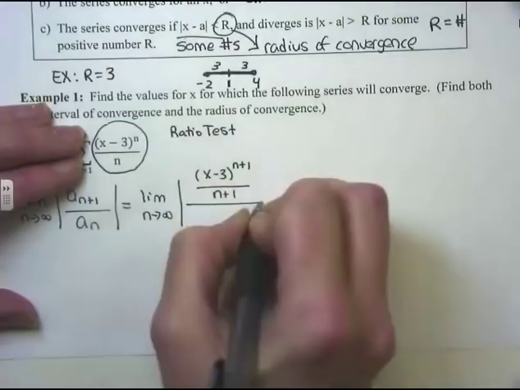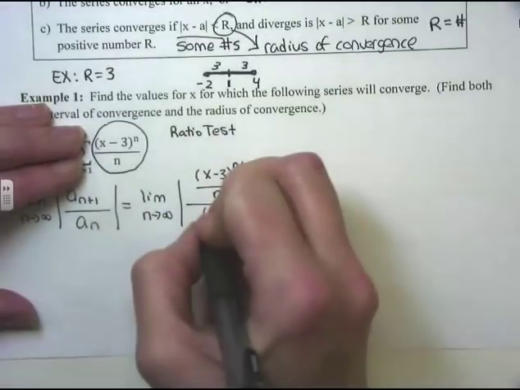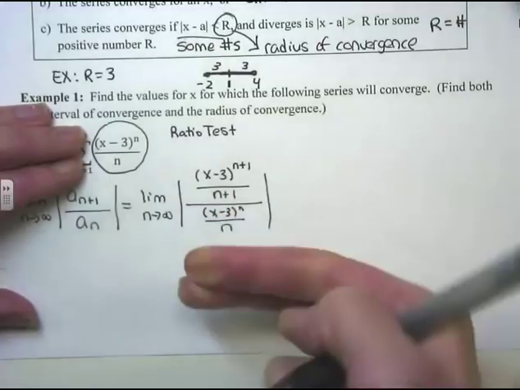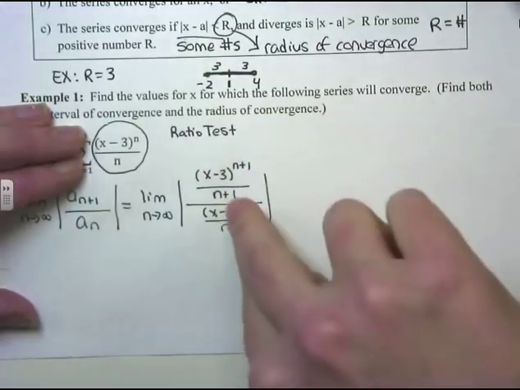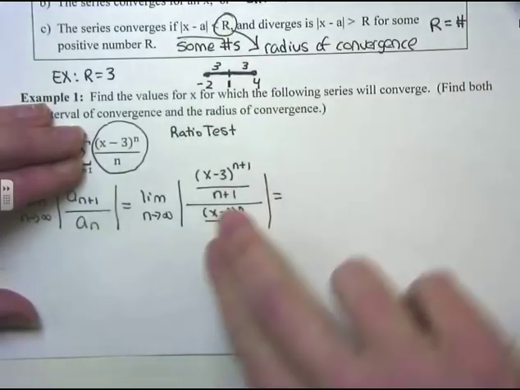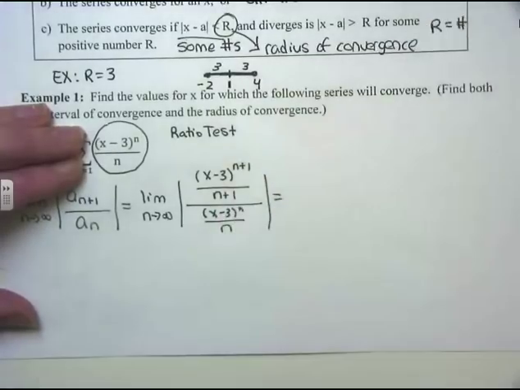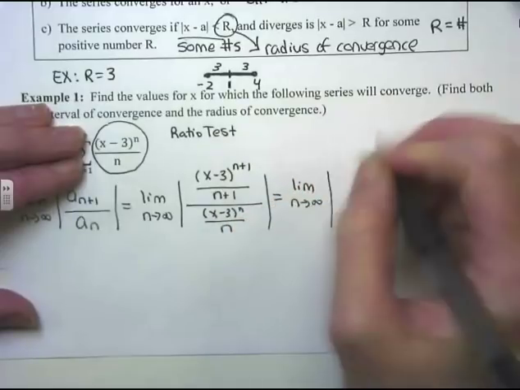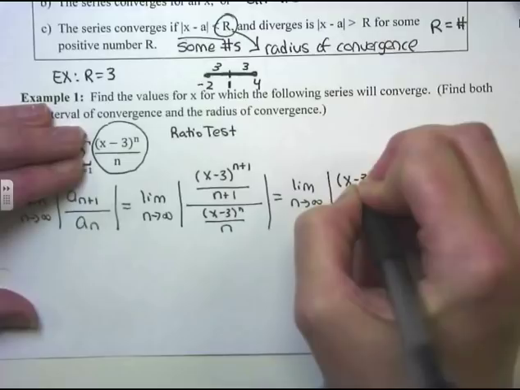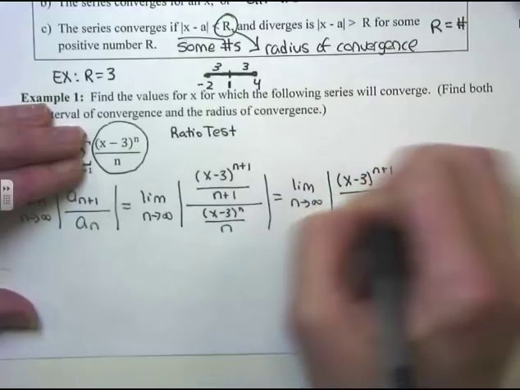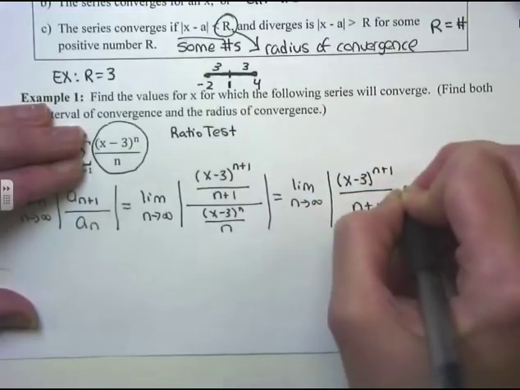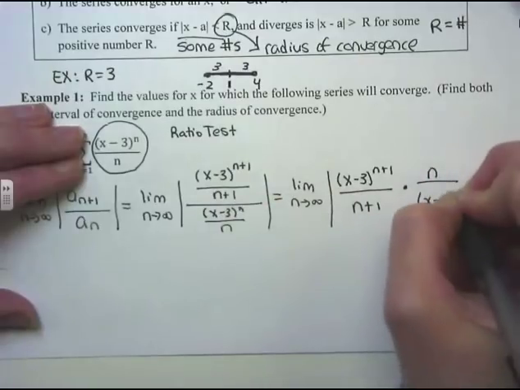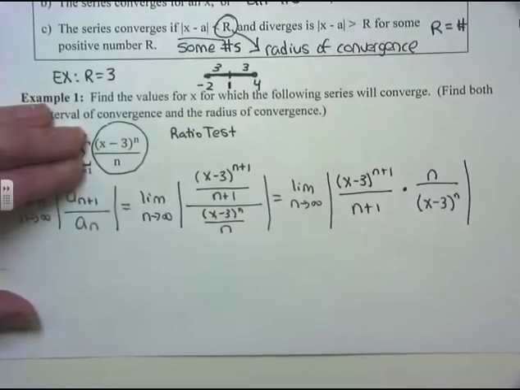I'm wanting to divide this by the sequence itself, (x minus 3)^n over n. Of course, a fraction inside of a fraction, I'm going to flip that bottom fraction, and in the future I'll just automatically write that step. So I have the limit as n goes to infinity, absolute value, (x minus 3)^(n+1) divided by n plus 1 times n over (x minus 3)^n, close absolute values.